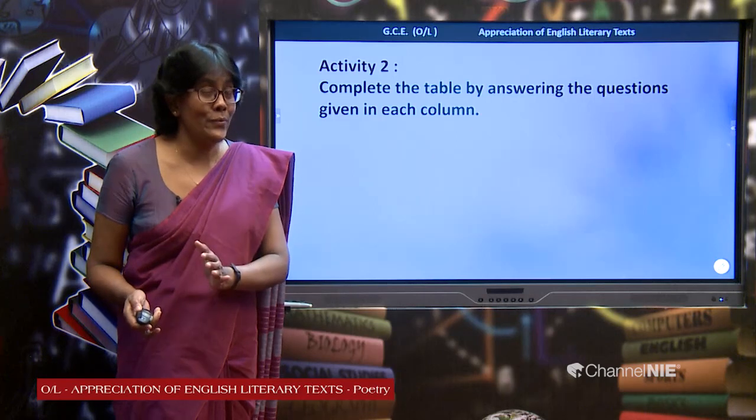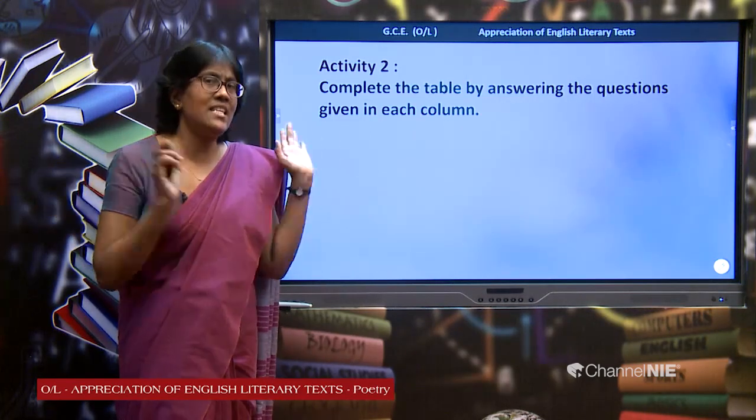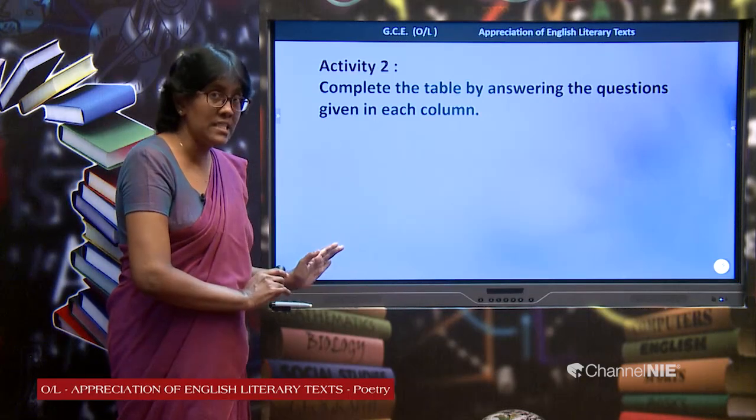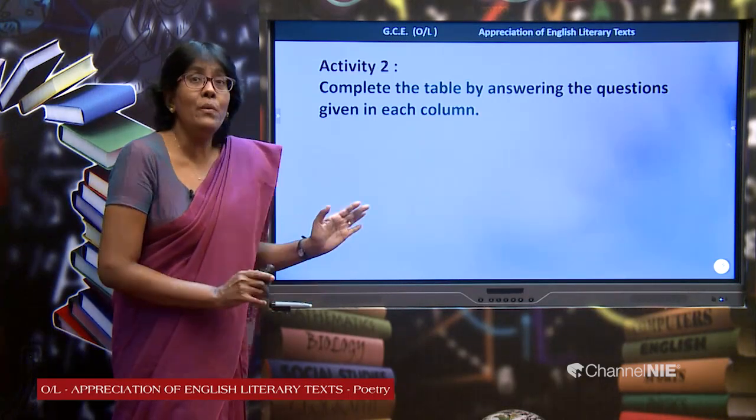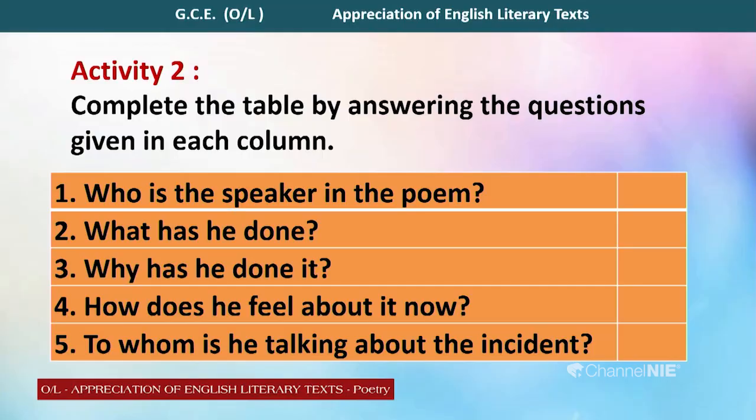When you go through without thinking about anything, just keep these questions in your mind when you read the poem. Right? The questions are, when you read, you have to keep this in mind. Who is the speaker in the poem? You are going to find who the speaker is. What has he done? Has he done something?